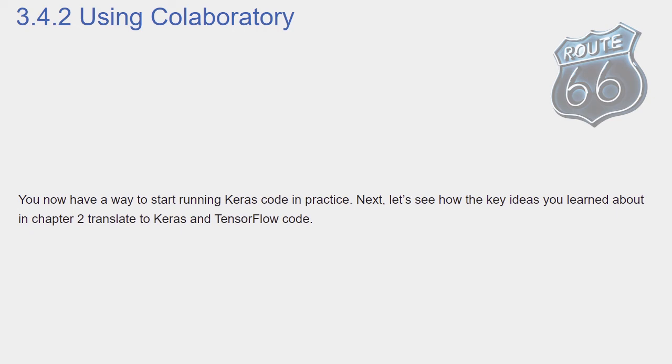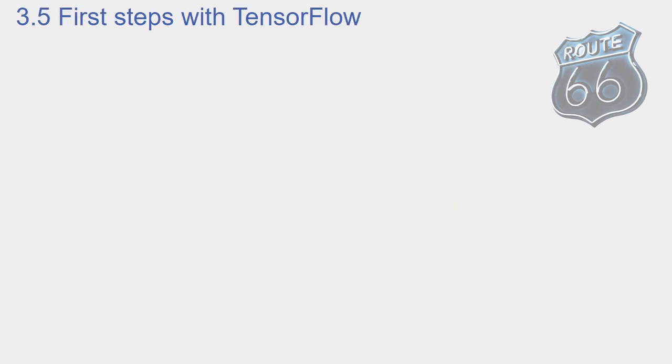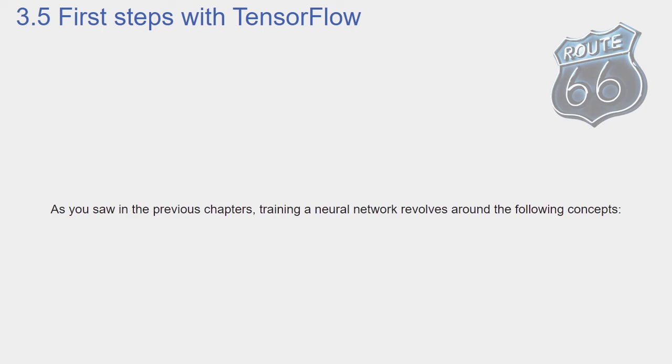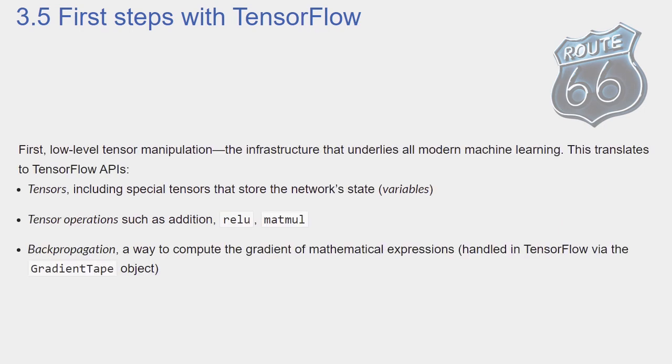Next, let's see how the key ideas you learned about in Chapter 2 translate to Keras and TensorFlow code. Section 3.5. First steps with TensorFlow. As you saw in the previous chapters, training a neural network revolves around the following concepts. First, low-level tensor manipulation, the infrastructure that underlies all modern machine learning.